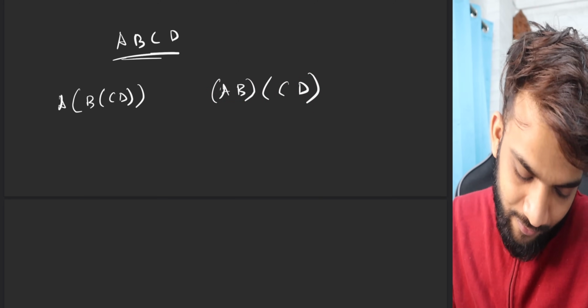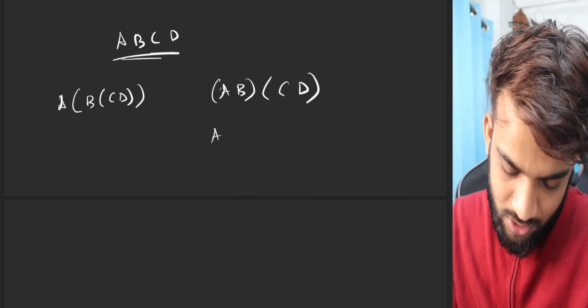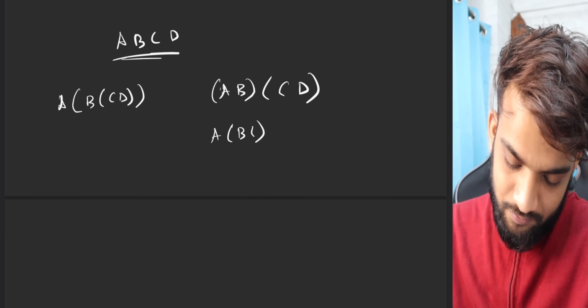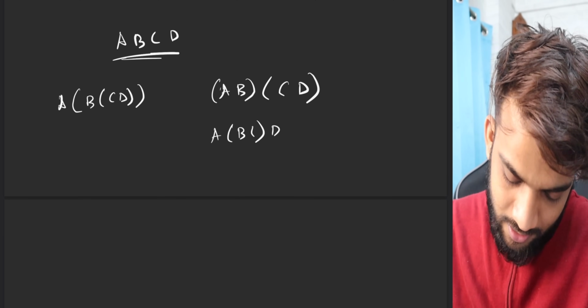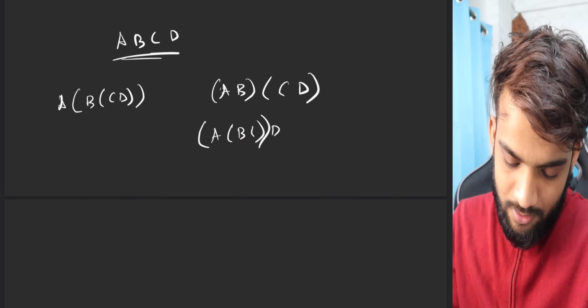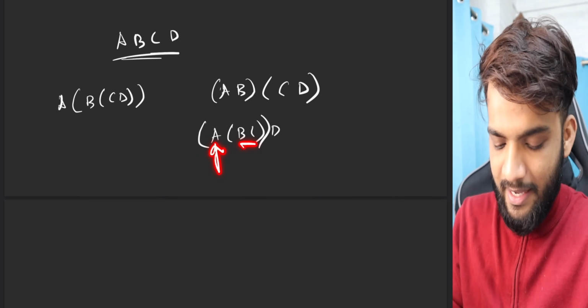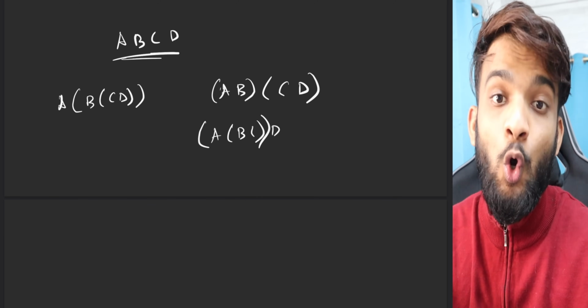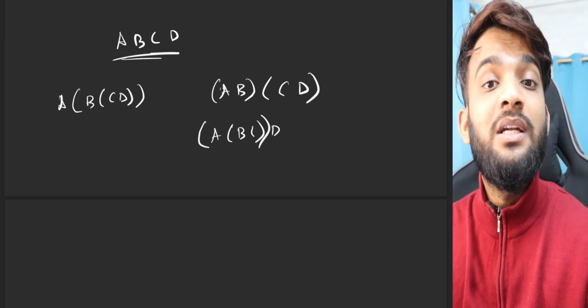Or I can do ABC, then D. So it's something like first multiply BC, then the resultant with A, and then the entire resultant with D. So there's a lot of ways in which you can multiply.